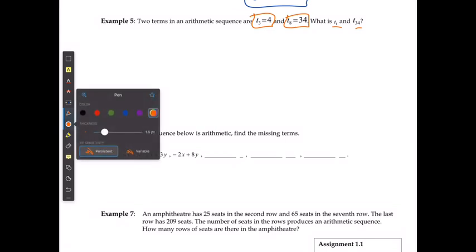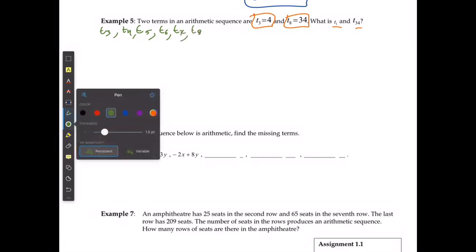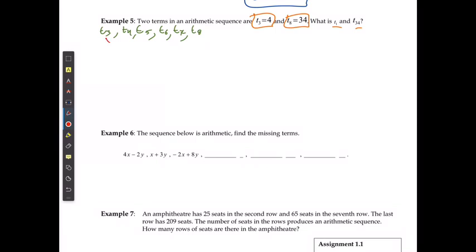If I think of it like this, if I have term 3, then term 4, 5, 6, 7, and 8, then I've changed 1, 2, 3, 4, 5 times.